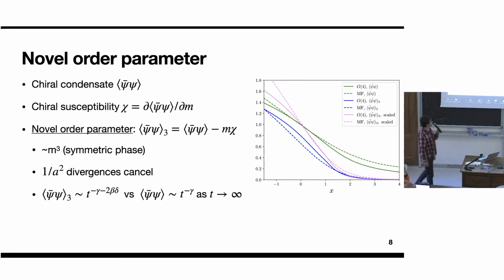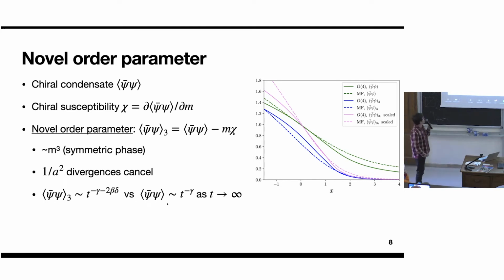What one can see from this plot is that this order parameter drops down very fast as x increases. So compared to the chiral condensate, it decays with a much faster exponent, and this can be predicted again by the universal equation of state.